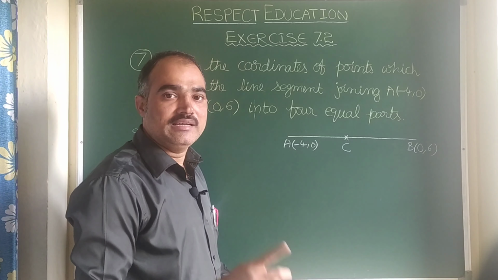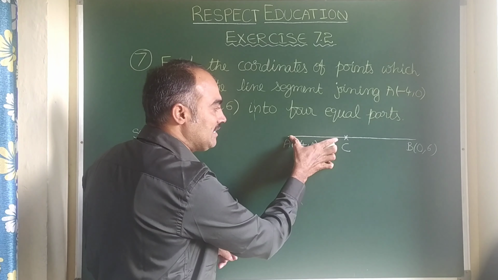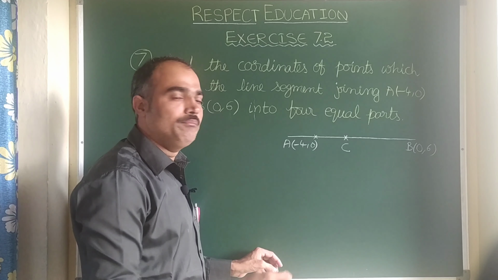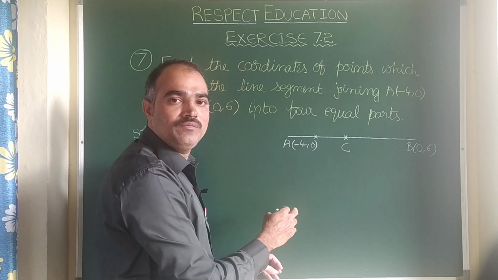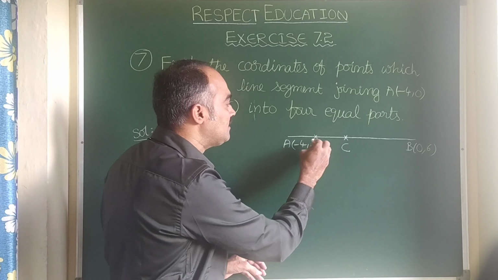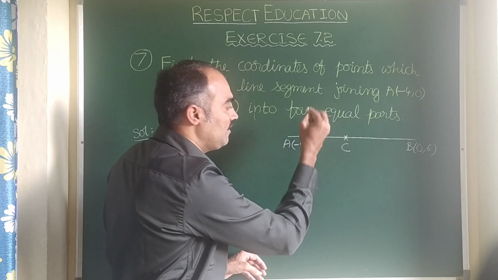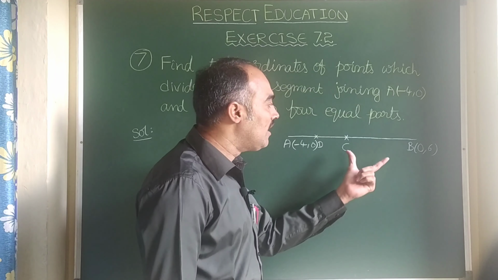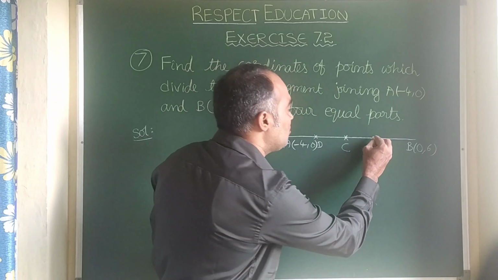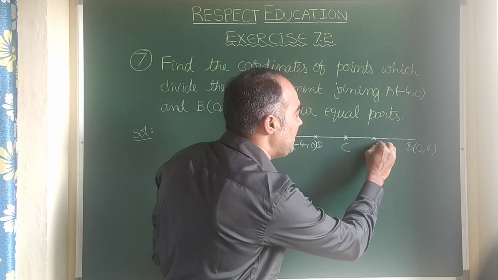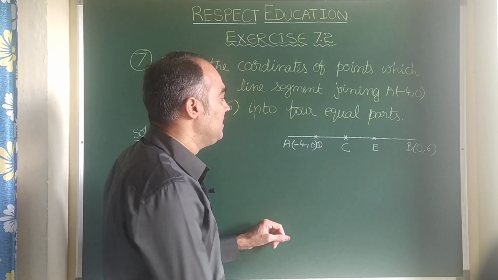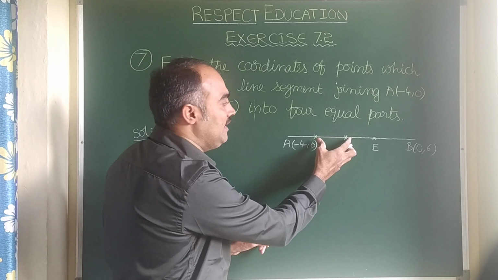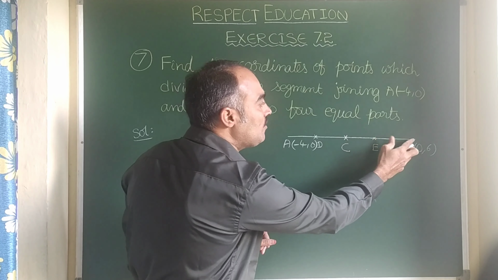That is the first thing. The second thing is that we take AC and find the midpoint of A and C. Let us consider that point as D. Now we take B and C and find the midpoint of B and C. Let us take this point as E. Now here you see AD equals DC equals CE equals EB.